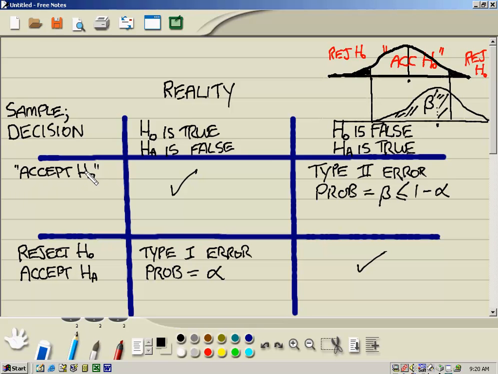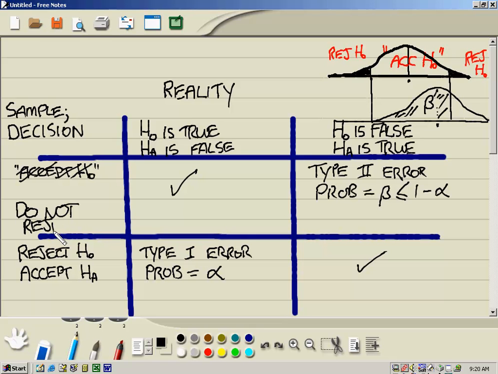So in the long run, the way around this is to not accept the null, but say something weaker, and that is, do not reject the null.